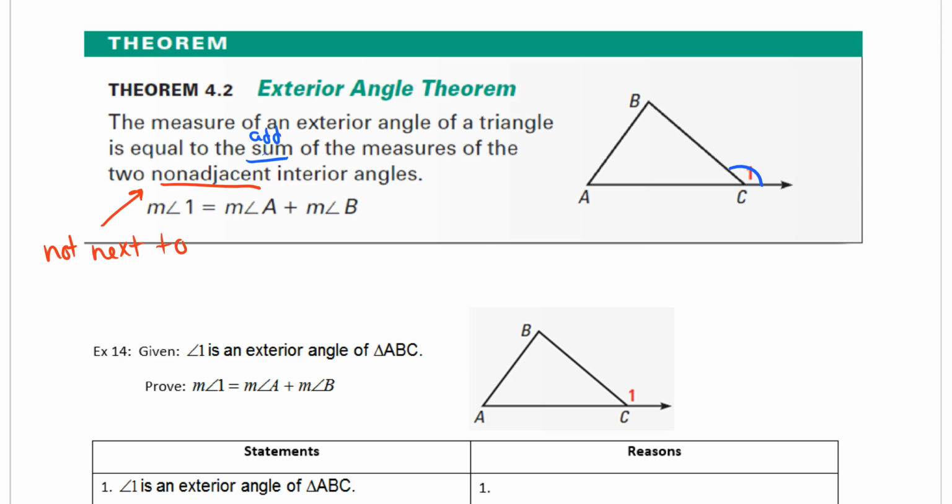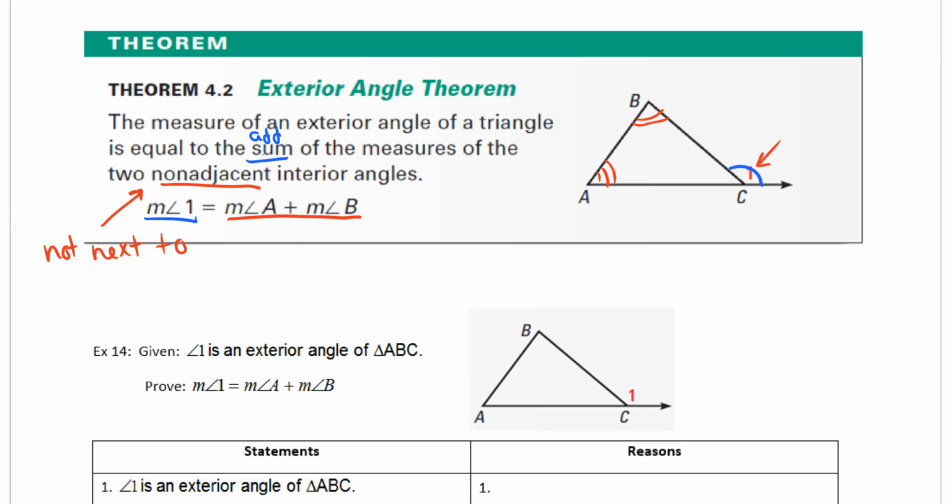So the angles that are not next to that one would be those two angles. So those are our two that are not next to angle 1, or that outside angle there. But here's what the theorem basically says. It says that if I take the measure of angle 1, I can set it equal to the measure of angle A plus the measure of angle B, and those two values should be equal.